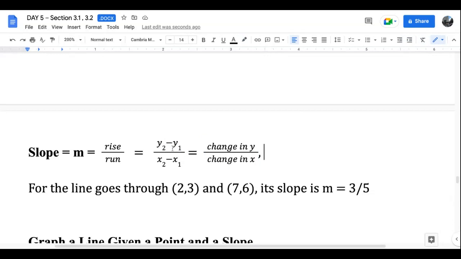So from the first point to the second point, how much did it change in y value? How much change in x value?